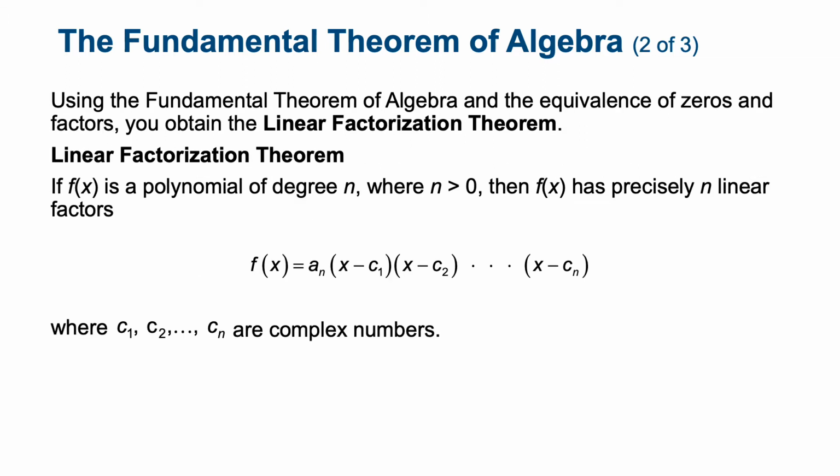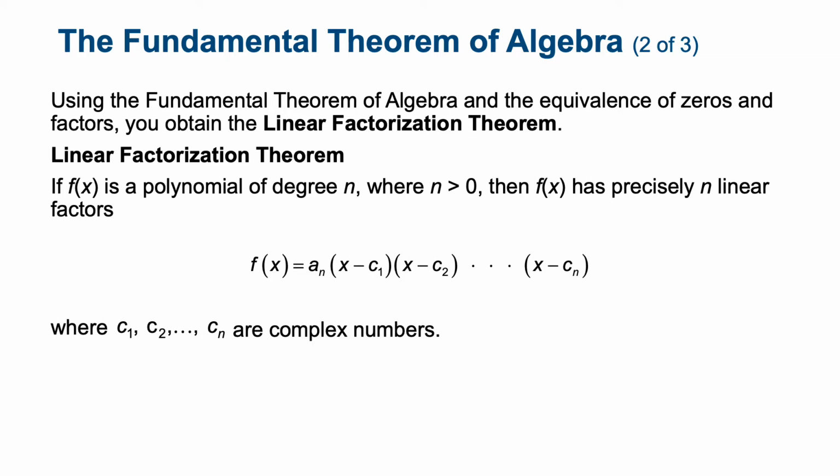So using that idea and the understanding that zeros are equivalent to factors in the form x minus a, or k, or whatever letter you want to represent that zero, we have this theorem that if you have a polynomial f of positive nth degree, then that polynomial has exactly n linear factors.